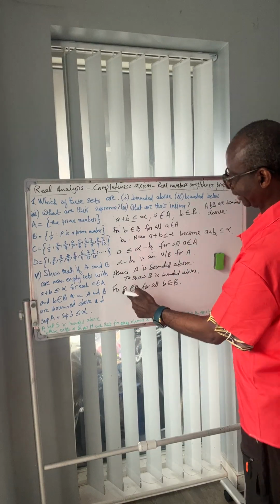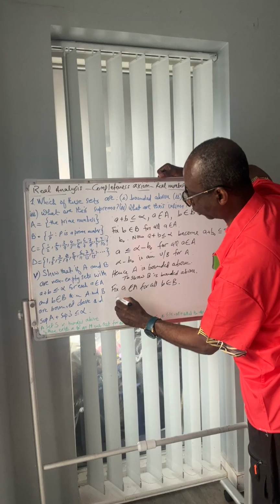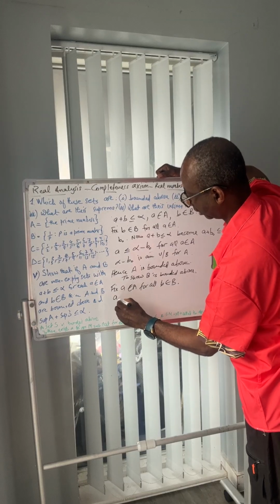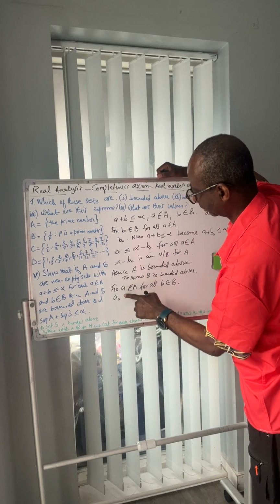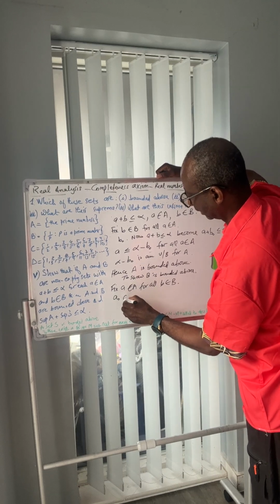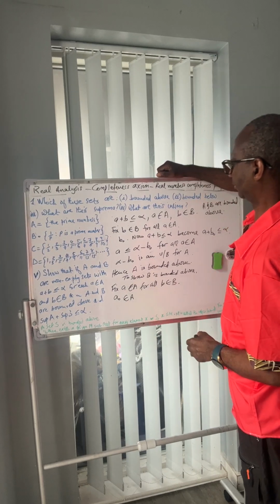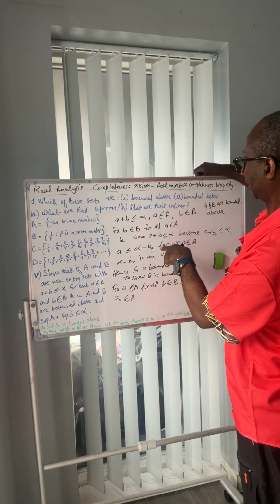So now this A, since it's a number, A now becomes A naught in set A, just like what we say here. Yeah?